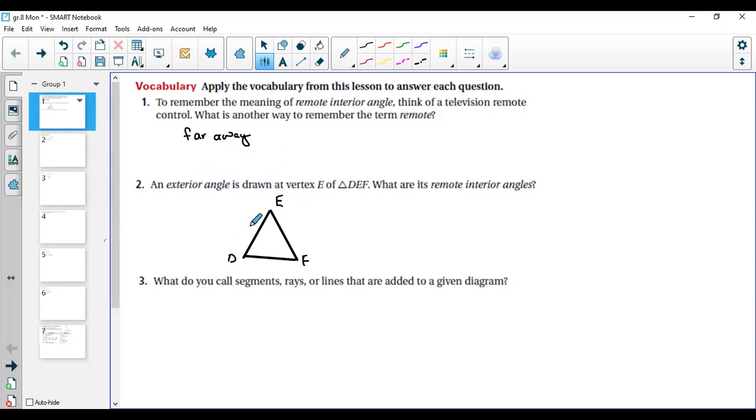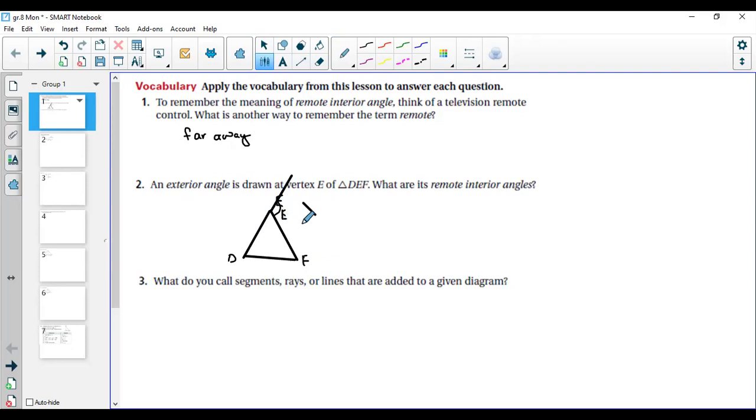The exterior angle is drawn at vertex E, which means this side has been extended, like that. So there's going to be an exterior angle here.